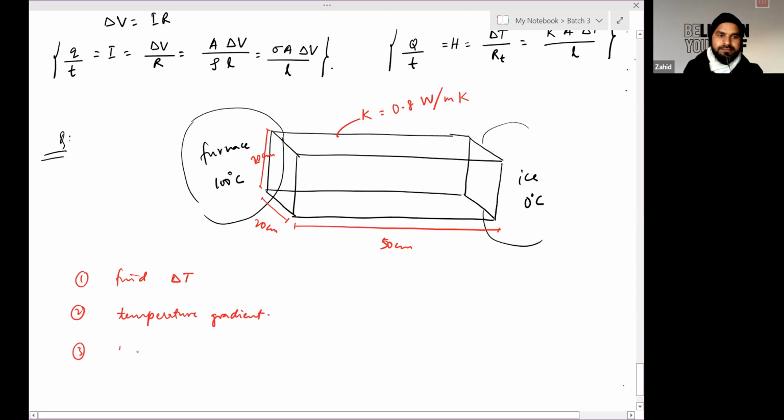Third, heat current. Fourth, amount of heat transferred in 1 minute.